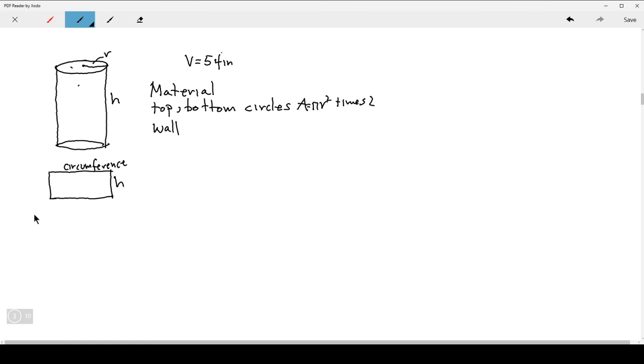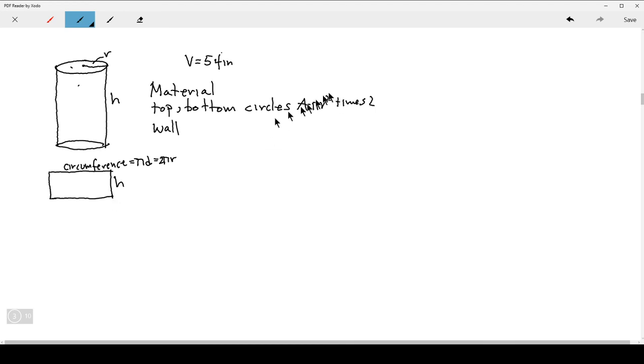The circumference of a circle is pi times the diameter, or pi times twice r, so 2 pi r. So the circumference of the circle is the width, and the height of the cylinder is the height.